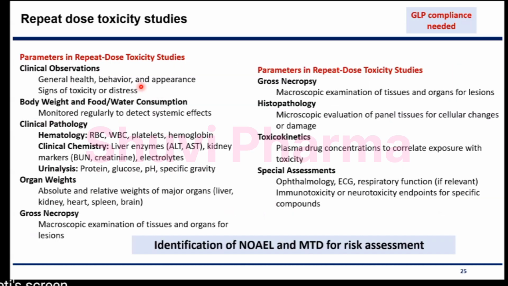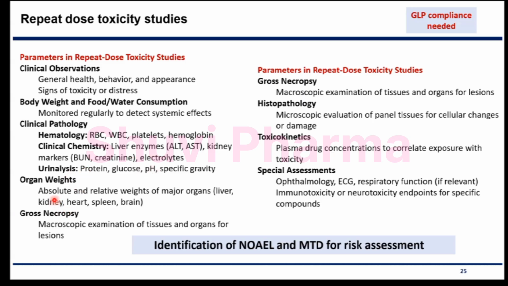What we evaluate in these repeat dose studies is a huge list, but I'm just giving you the highlights. We look at the clinical observations, any abnormal behavior of the animal, any distress, body weight, whether they are eating or not, drinking water or not, hematology, the blood count, and clinical biochemistry, which is a huge panel of biomarkers. We look at urine analysis for urine abnormalities.